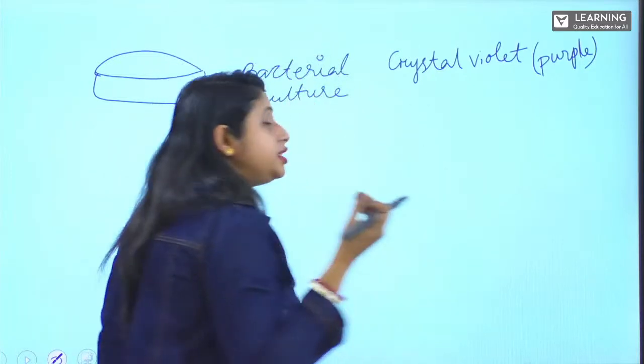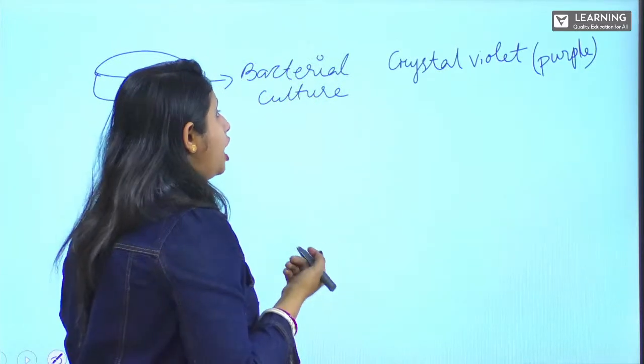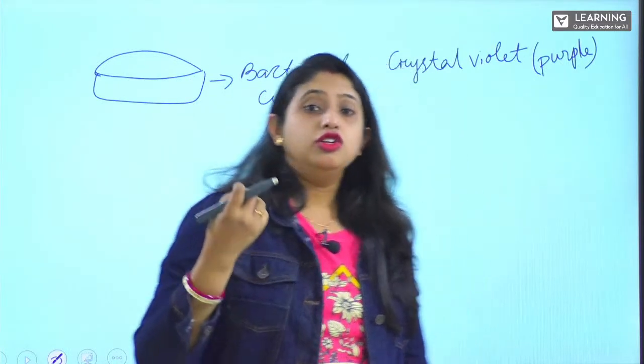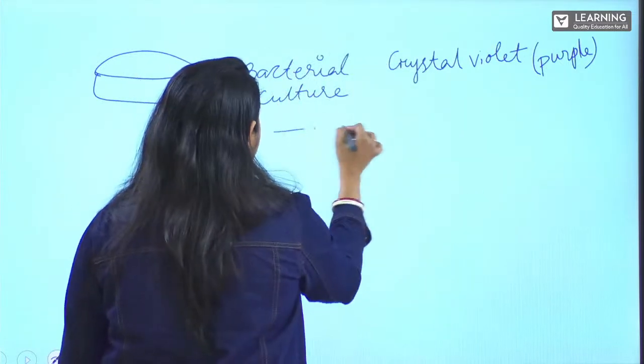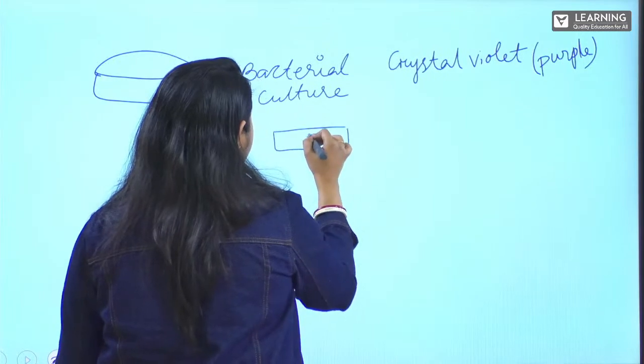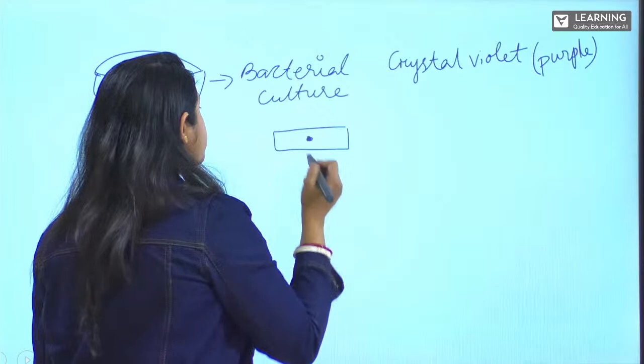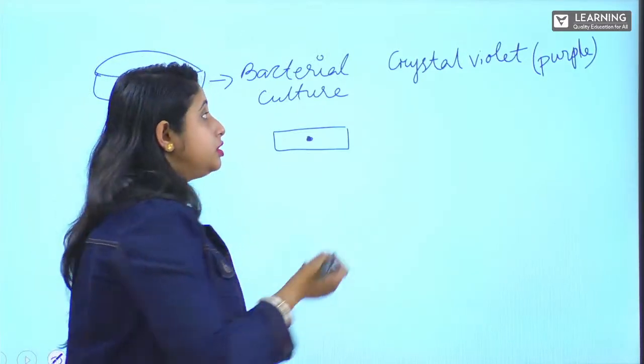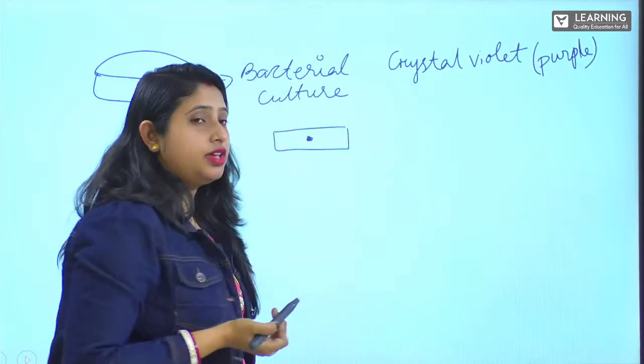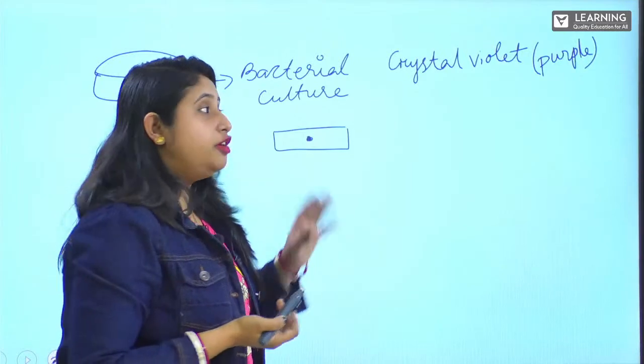So first we have to stain the bacteria. You have to take a slide and the bacterial culture. Next, you use this crystal violet stain, stain it and keep it.